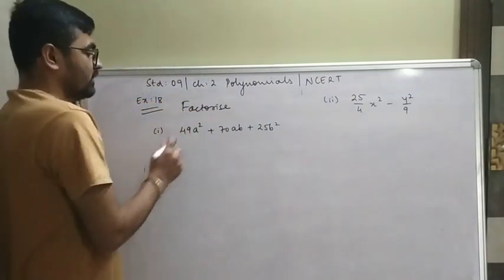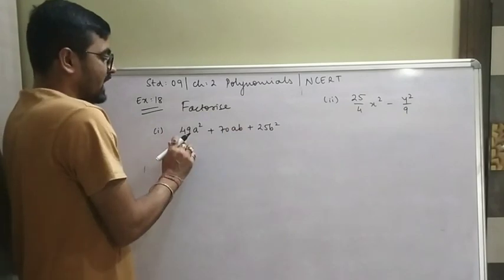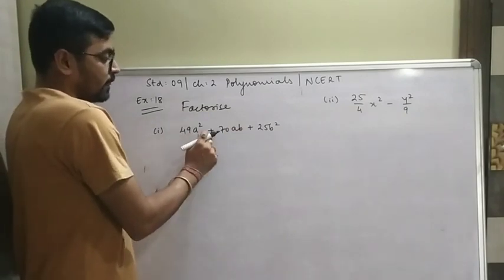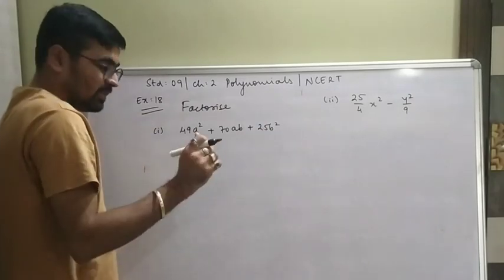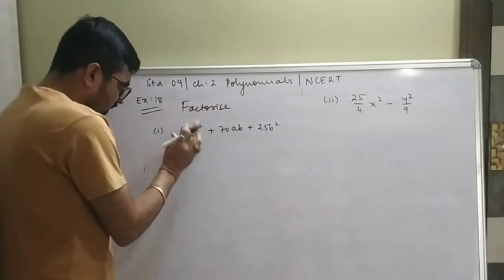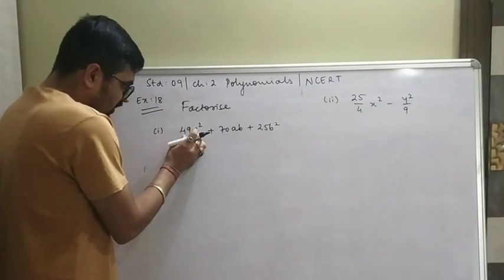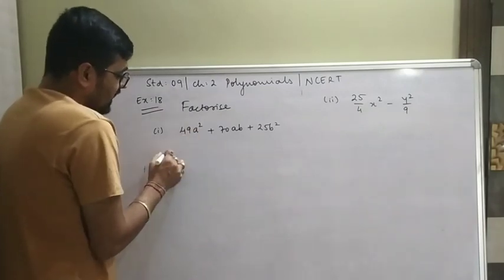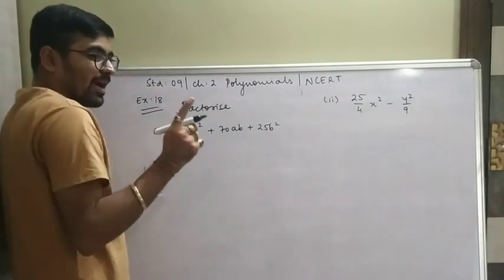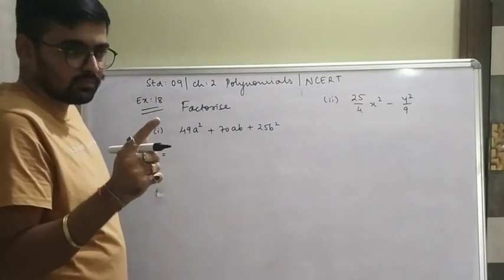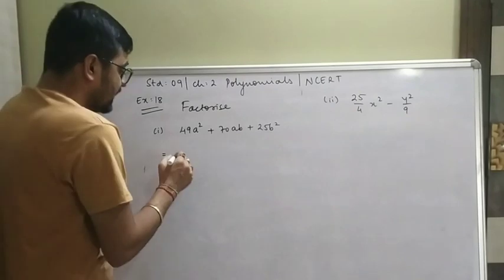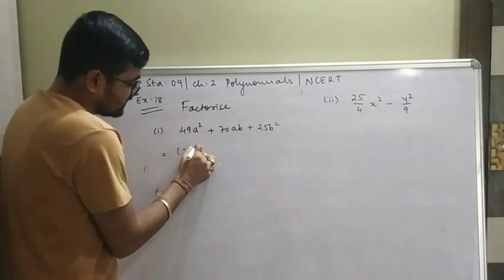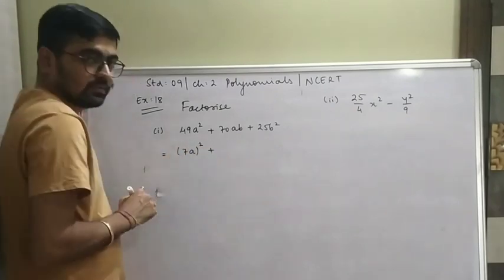Suppose we have the first polynomial as 49a square plus 70ab plus 25b square. Simple. So looking at 49a square, can I say 49 is the square of 7? If I do the perfect square of 7, it will be 49. So I can say this is (7a) whole square.